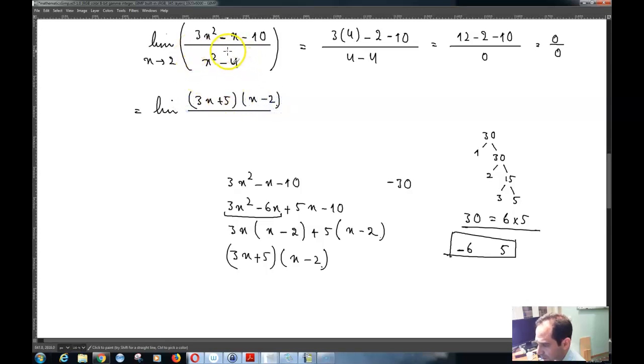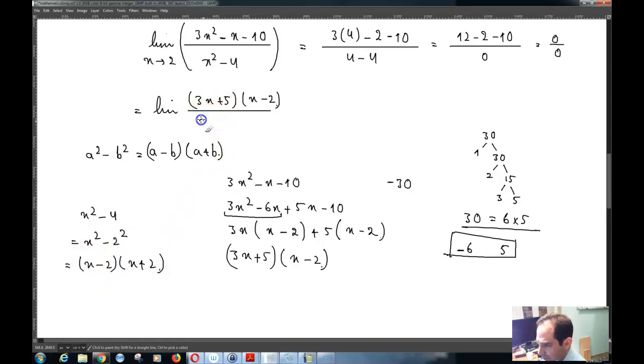And this over here, x squared minus 4, I can write it as x squared minus 2 squared, which is the same thing as a squared minus b squared, which is a minus b times a plus b. So I can write this as x minus 2 times x plus 2.